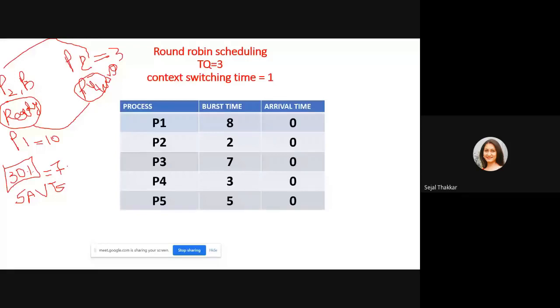This is the time when a process switches from ready queue to running state and from running to ready state and saves its state. This is called context switching. For example, I have to go to Baroda.